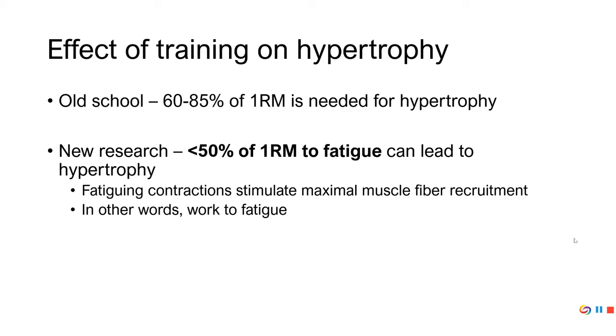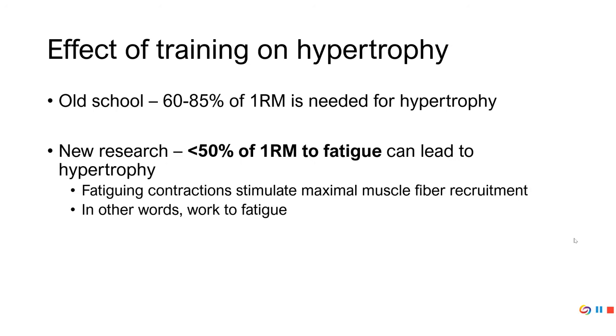When we're talking about hypertrophy, so we're increasing the size of those fibers, there's kind of 2 schools of thought. The old school method was that you had to lift really heavy to increase the fiber size. New research has shown that you don't have to lift heavy, but you have to lift to fatigue. That's the important part, going to fatigue.